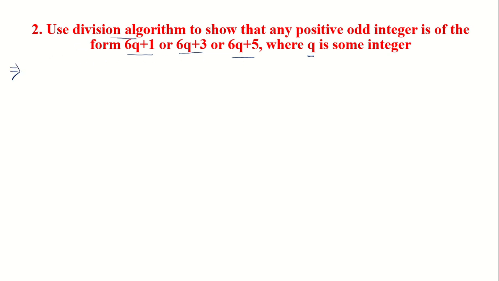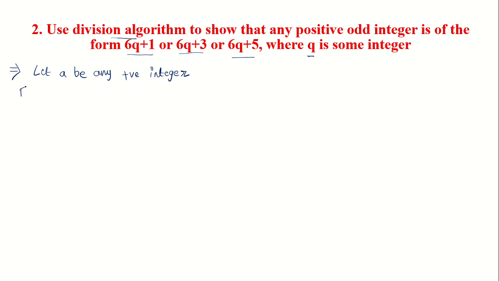First here we need to show that any positive odd integer is of the form 6q plus 1, 6q plus 3, 6q plus 5. So the positive integer, let us take it as a. Let a be any positive integer. Okay. Next, apply division algorithm.